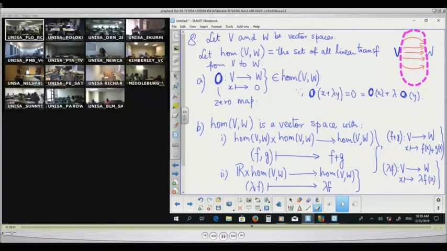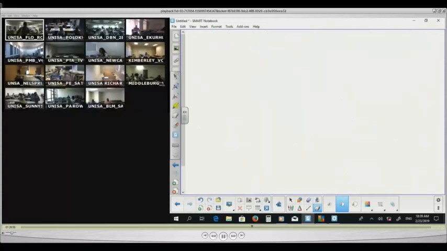So let's take that route. It's very similar to that exercise where X was any set, and this was the set of all functions from X to R, which was shown to be a vector space.